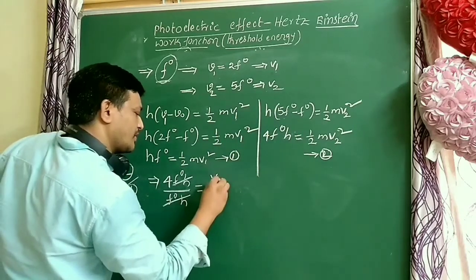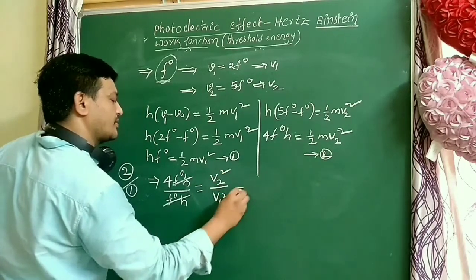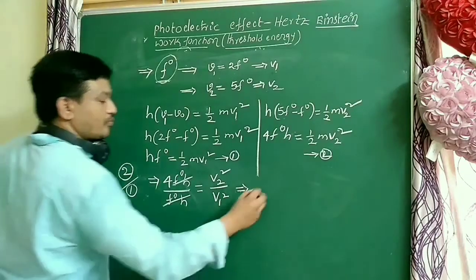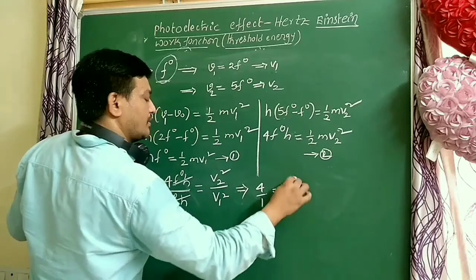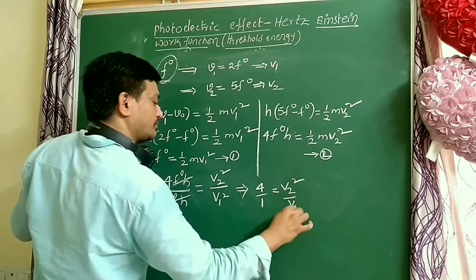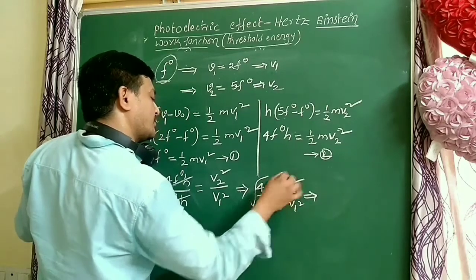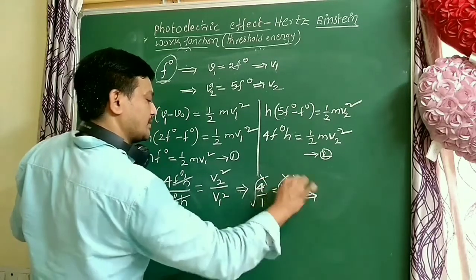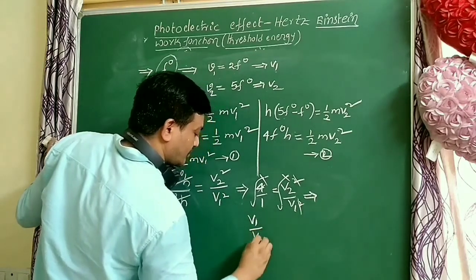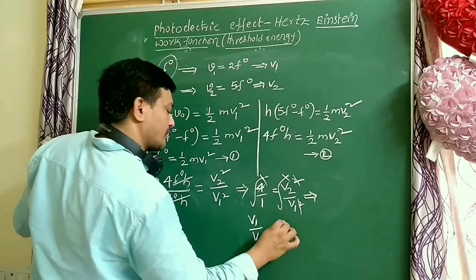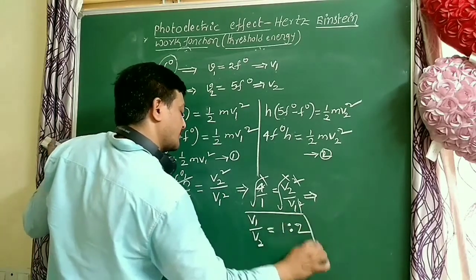So that equals v2 square by v1 square. That is very important, students. So 4 by 1 equals v2 square by v1 square. Apply the square root on both sides, the root cancels the square. So v1 by v2 equals 1:2.